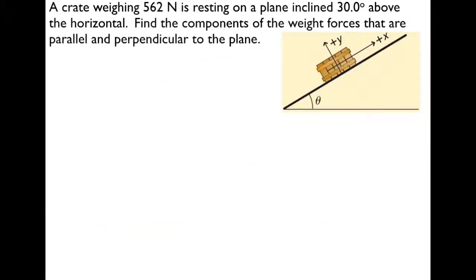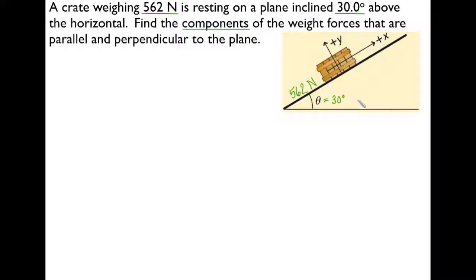Now this is a different one where we solve for components. So we have a crate that weighs 562 newtons, is resting on a plane inclined 30 degrees above the horizontal, and we want to find the components. So in this one, our vector has a length of 562 newtons, and I know newtons is weight, but we're talking about newtons as a vector, so it's inclined 30 degrees above the horizontal.